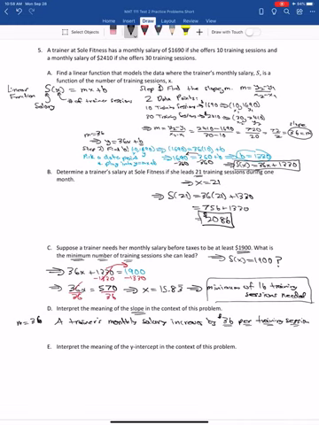Interpret the meaning of your y-intercept, your initial value. So this would represent the trainer's monthly base salary, right? So if X were equal to 0, we get our y-intercept. So without any training sessions involved, she's going to have $1,330 no matter what. So again, that's our base salary. So we can write that in there.